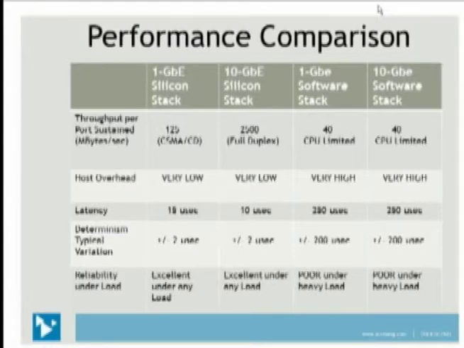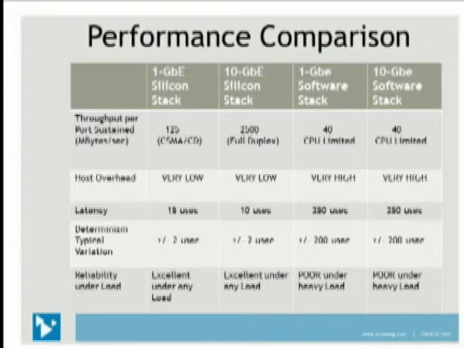Here we have a performance comparison of the software stack and the silicon stack. The throughput per port sustained in megabytes per second is 425 megabytes per second for the 1 gigabit Ethernet silicon stack. It's 2,500 megabytes per second full duplex for the silicon stack, the 10 gigabit Ethernet.